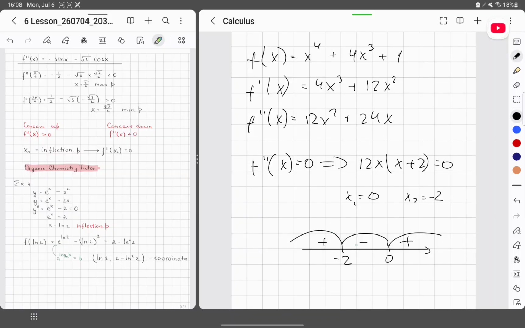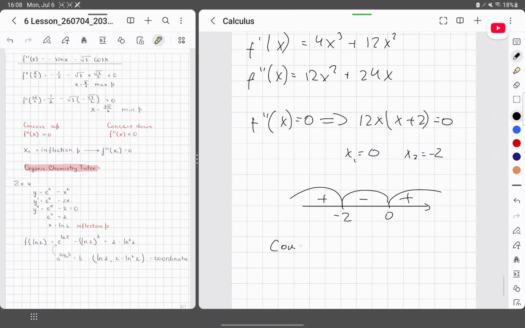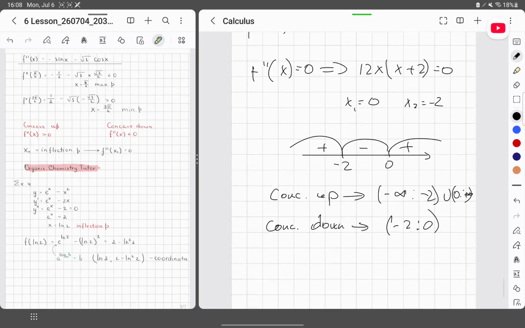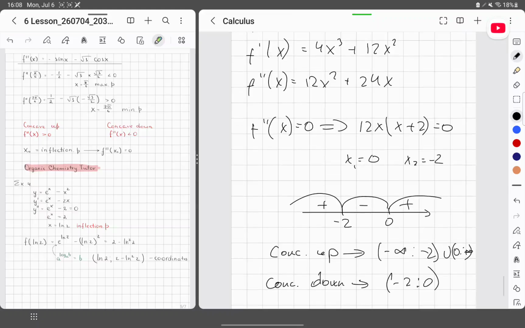I think it's up, down, up. I hope it's right. What about the points?